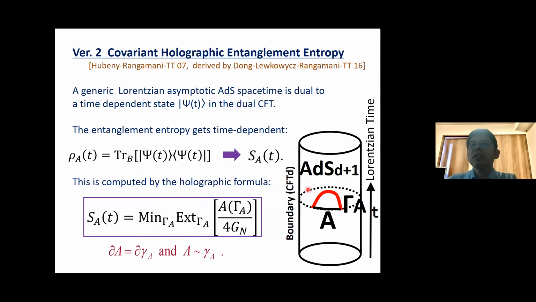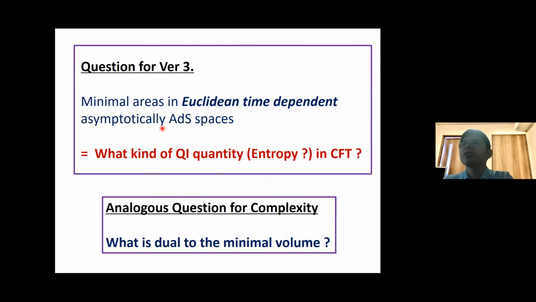And so, thinking this way, today I'd like to consider a third version of this question. We talked about the static case and the Lorentzian time dependent case, but there is one more thing remaining. That's a Euclidean time dependent background. You can imagine some Euclidean path integral with some Euclidean time dependent source, and definitely we can apply the AdS/CFT correspondence.